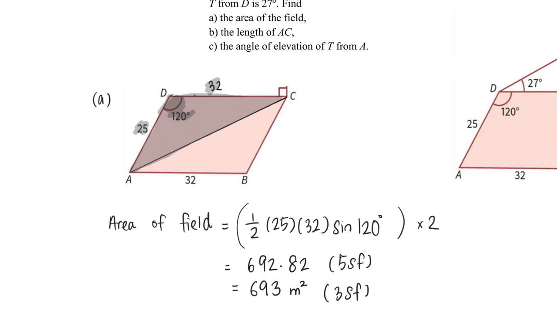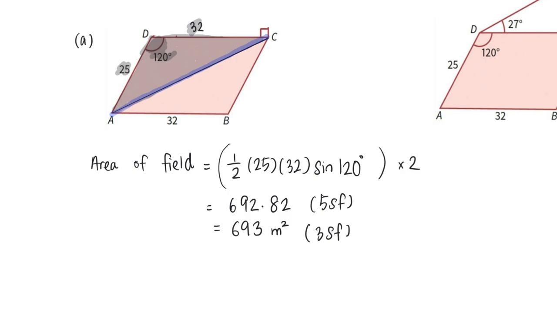Part B requires us to find the length of AC, and looking at this triangle again, we could easily see that we can apply the cosine rule. So for part B, it's a direct application of the cosine rule.